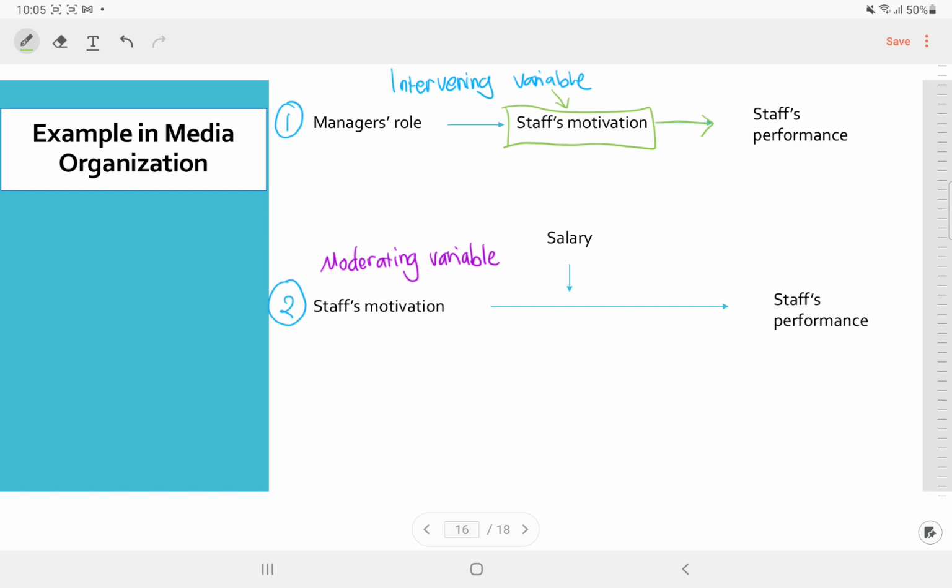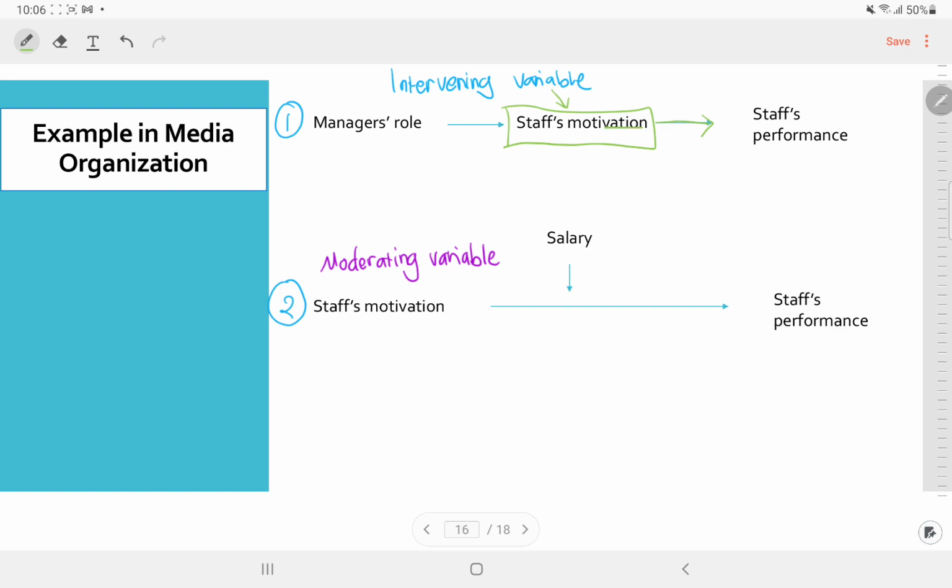And from these pictures, from these examples, we can know that the manager's role gives significant impact to the staff motivations. If the manager's role is good or high, the staff motivations will increase.